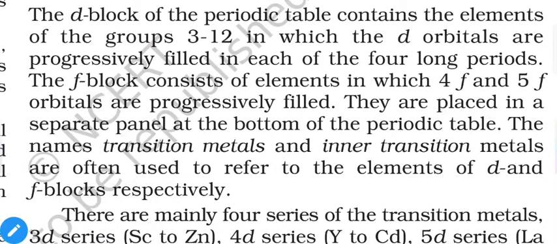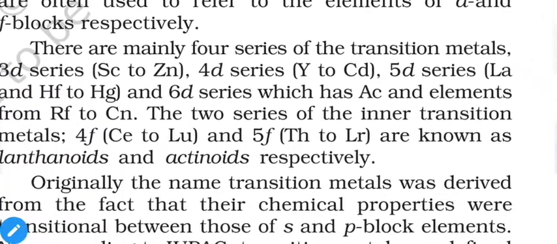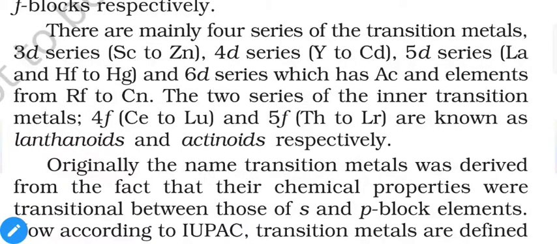The names transition metal and inner transition metal are often used to refer to the elements of the d and f block respectively, as we observed in the objectives. So the main 4 series of the transition metals are 3d, scandium to zinc, 4d, yttrium to cadmium, 5d, lanthanum and hafnium to mercury, and 6d, which has actinium and rutherfordium to copernicium.